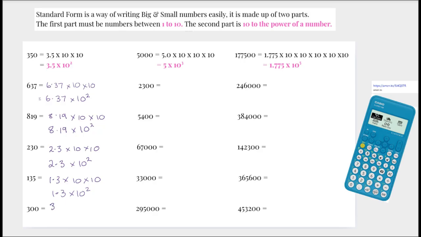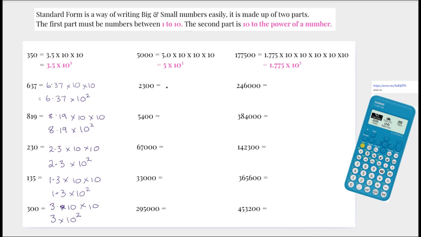So it's going to be 3.0. No, it's not. It's going to be 3 times 10 times 10, sorry. There's nothing to put a decimal place in for. So it's going to be 3 times 10 to the power of 2. How's that? Do you understand that? I hope you understand that. But what I don't understand is my pen looking like that. I don't like it.